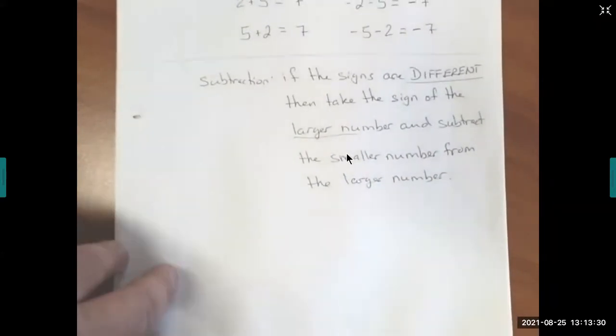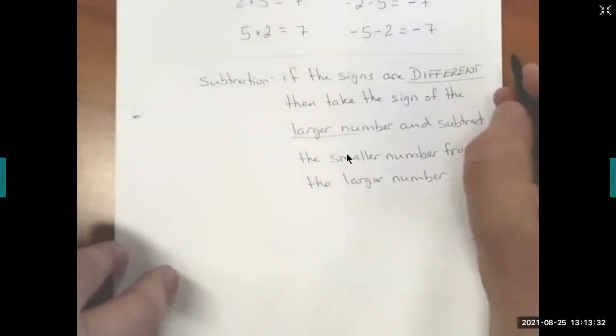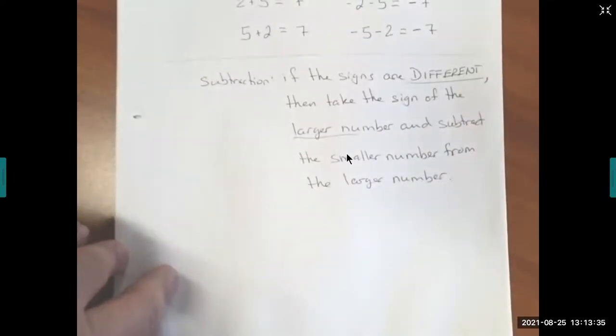So if the signs are different, take the sign of the larger number and subtract the smaller from the larger.